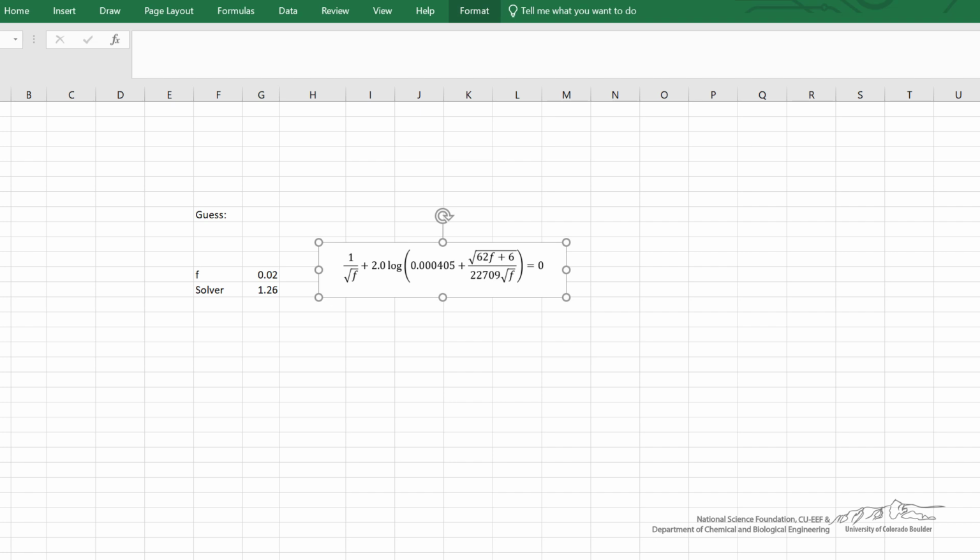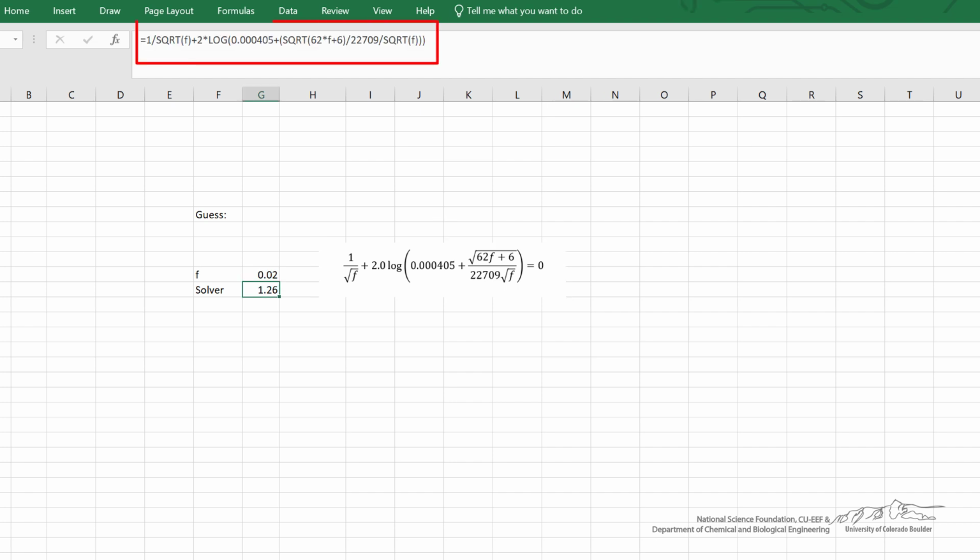We want it to equal 0, but if you note, and again up here is where that equation is, we want it to be equal to 0, but with a friction factor of 0.02, it's equal to 1.26. So we need to use solver so that that number is equal to 0.